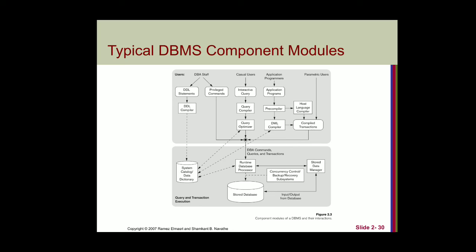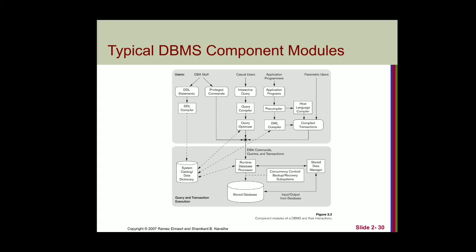DBA staff has two roles. One is DDL statements, writing the statements for creation of the database. Database statements are being written by the DBA staff. Apart from this, we have privileged commands, right? Granting, revoking the authority and all, which will be the work of the DBA staff.